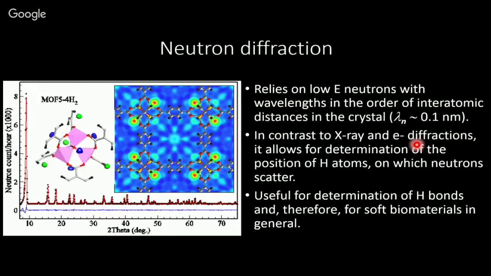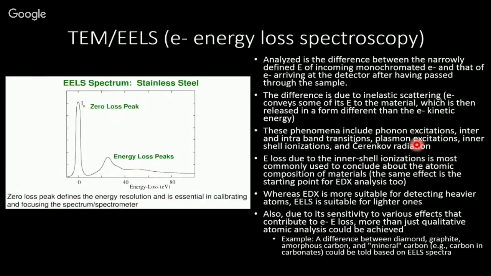You can even see hydrogen. Basically, if you do EDX, everything with a lower atomic weight than carbon is invisible, so you can't see that. But with neutron diffraction, you can even see it. But it's a much more expensive and more sophisticated technique.